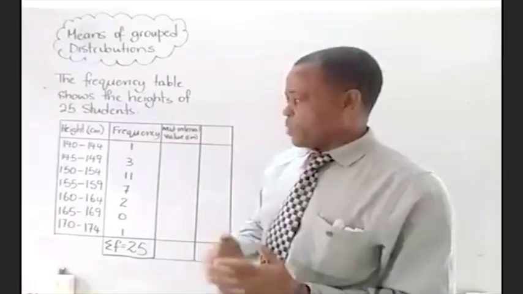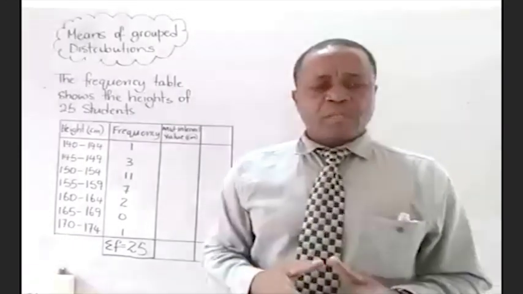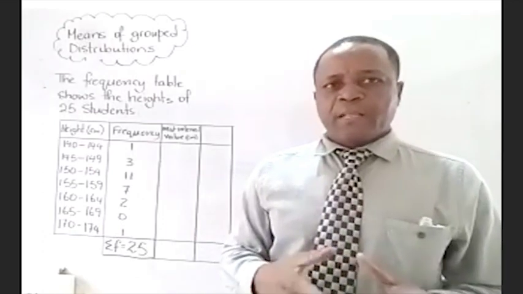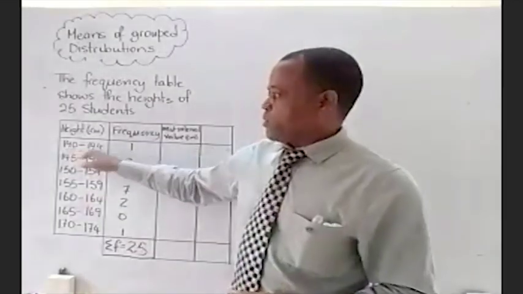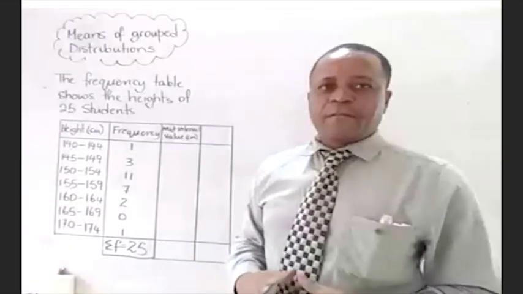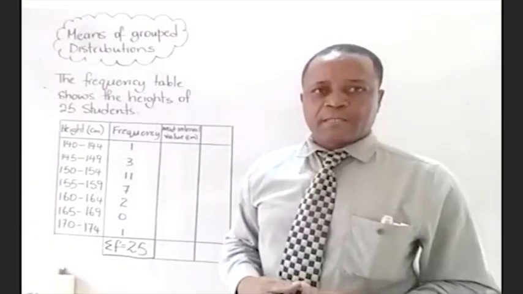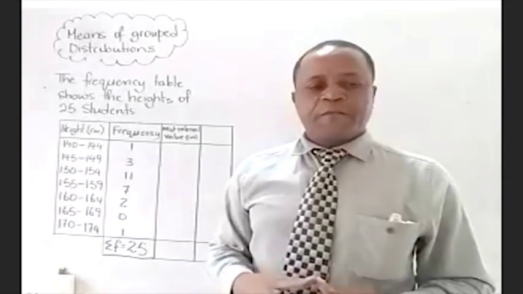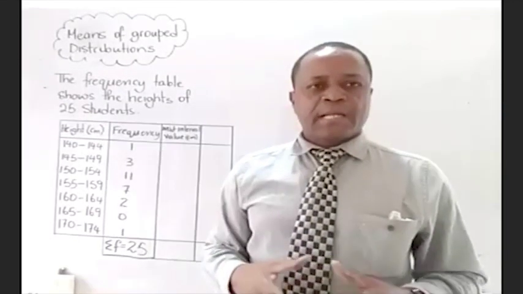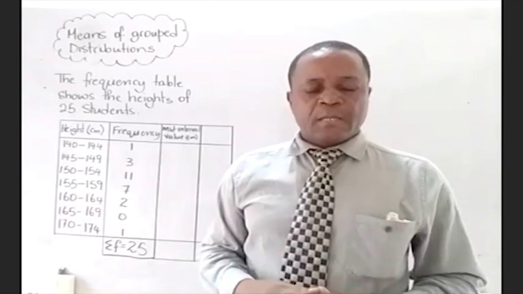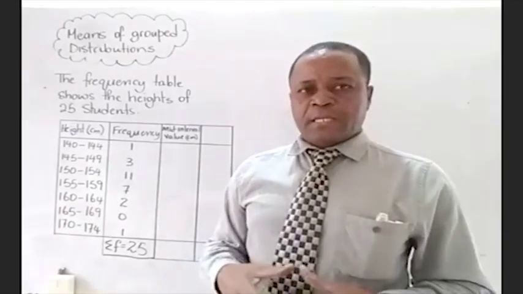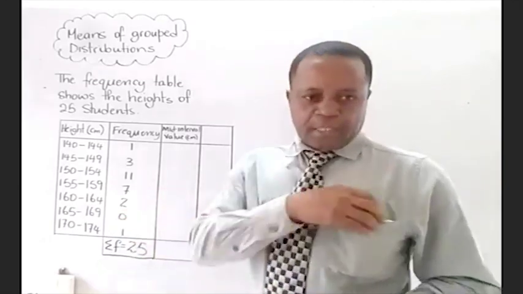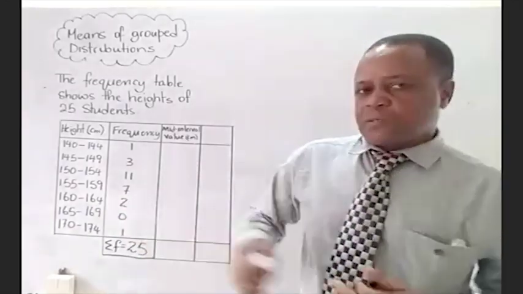Now, with that said, we also need to look at those two numbers, the end numbers in each class. The end values in each class, we refer to as our class limits. What is it that I'm actually saying?